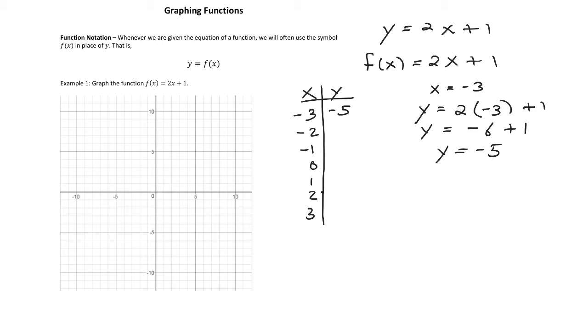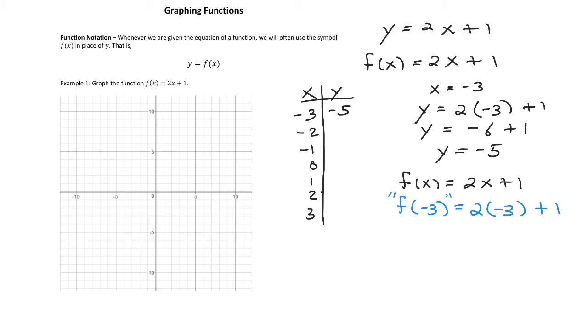Using this new notation, f of x is equal to 2x plus 1, we do almost the exact same thing. What is different is you write f of -3 on the left, but you still write 2 times -3 plus 1 on the right. So this symbol that appears here, we would say f of -3.